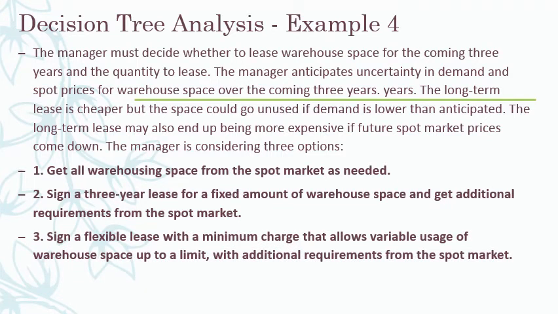The third option is to sign a flexible lease with a minimum charge that allows variable usage of warehouse space up to a limit, with additional requirements from the spot market. The third option is what the manager may think, say from 0 to 50,000 at one rate, 50,000 to 60,000 another rate, 60,000 to 1 lakh another, like that.